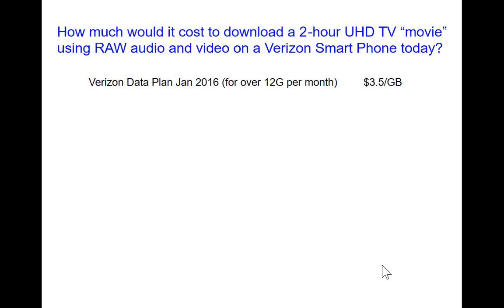And I did this calculation 2 years ago. And we'll adjust it a bit. So for data over 12 gigs in a month, Verizon charged $3.50 per gigabyte.